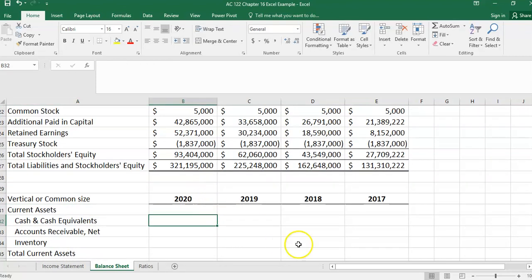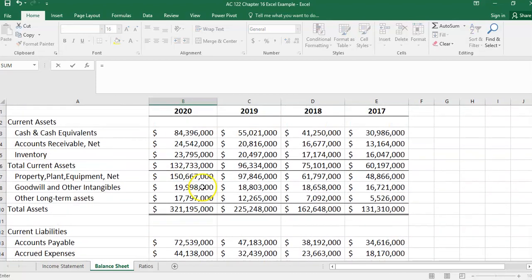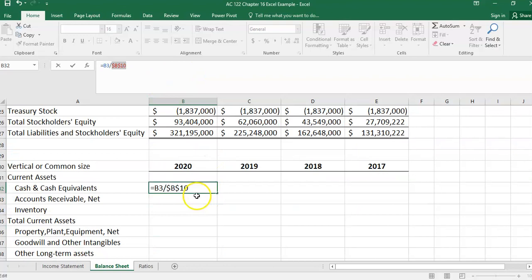So we're going to start with cash and cash equivalents divided by total assets. The reason we're starting here, even though total assets is our 100%, is so that we can copy the formula down just like we did with the income statement. We're going to start with the first column. So we're going to lock that total assets cell. That's our denominator because we want everything divided by that.